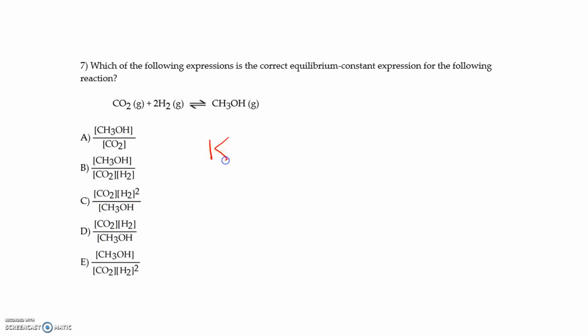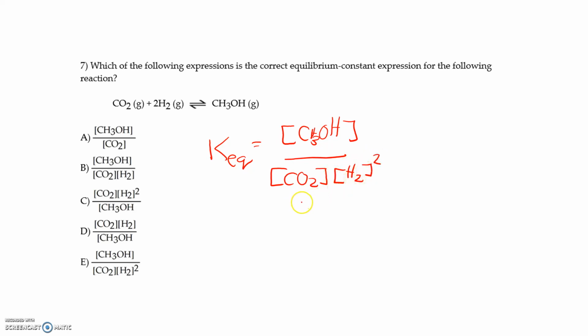So again, my Keq is going to be equal to the concentration of products, which is CH3OH, which we now know is methanol, divided by the concentration of CO2 raised to the first power, because that's its coefficient, times the concentration of H2 raised to its coefficient. So this is going to be option number E.